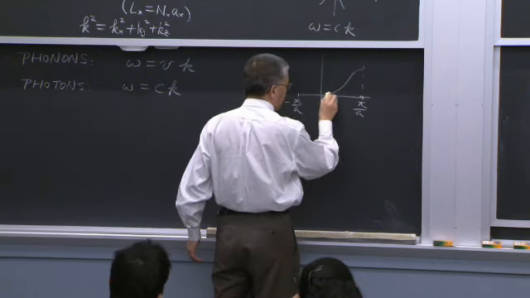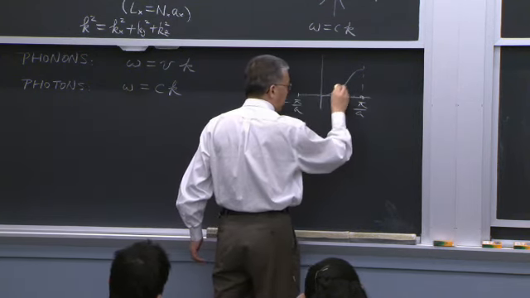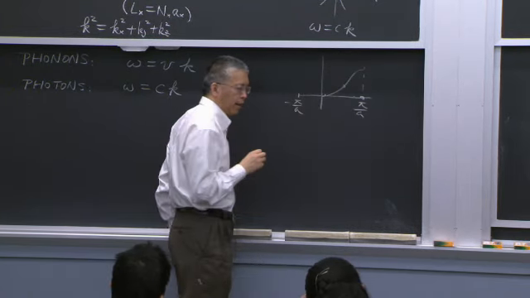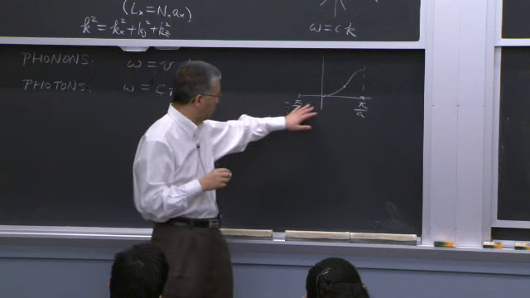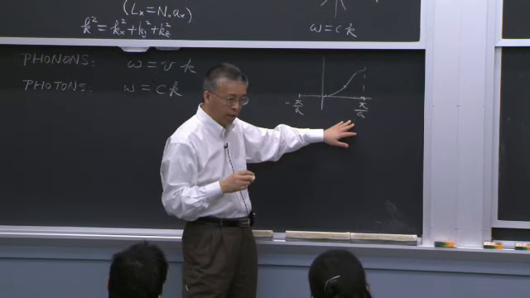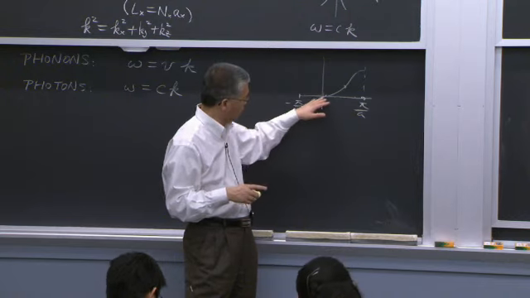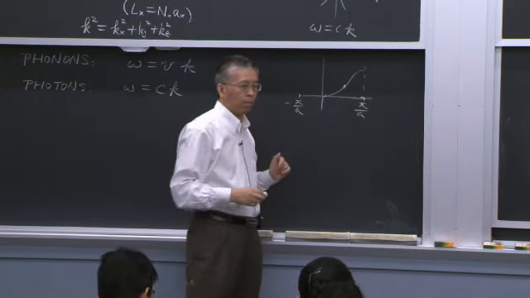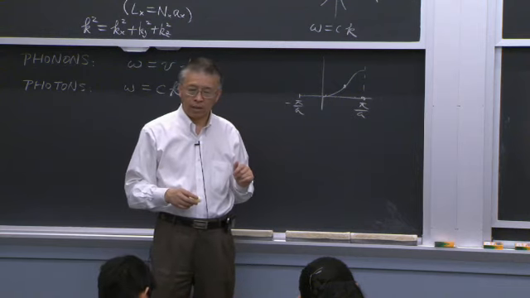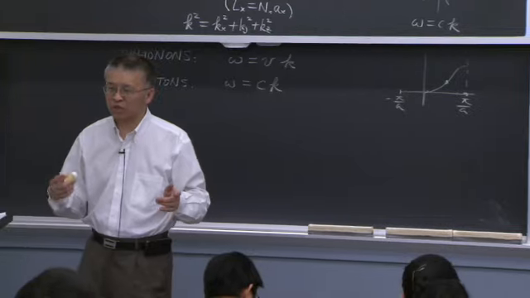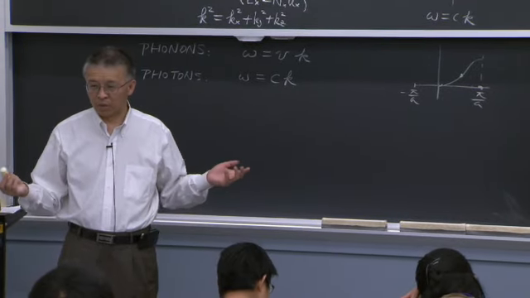In 1D, I go to the lowest states, and because I have n states between minus pi over a and plus pi over a, and I have n electrons, and each wave function has spin up and spin down, I fill to the middle, right? That's the 1D case. Now if I ask the same question in 3D, where is the filling?